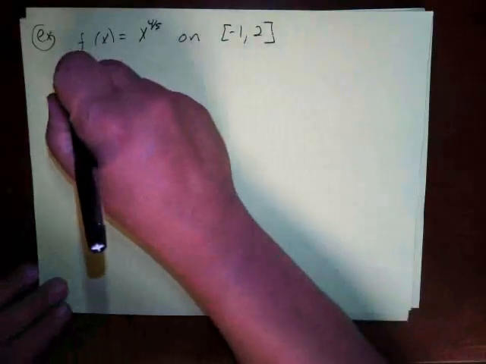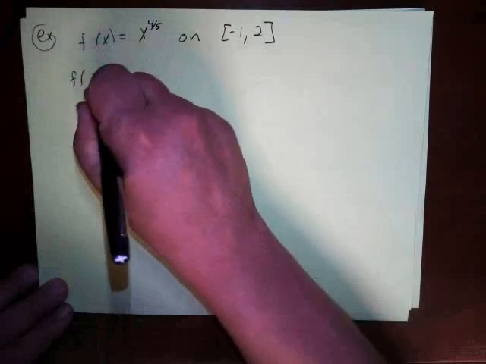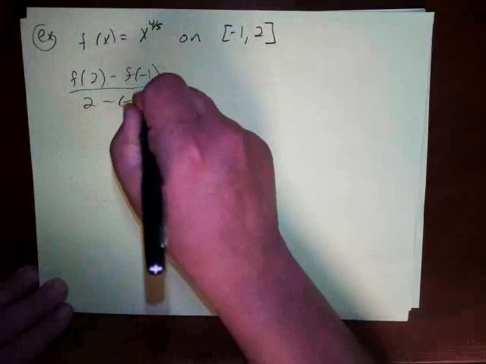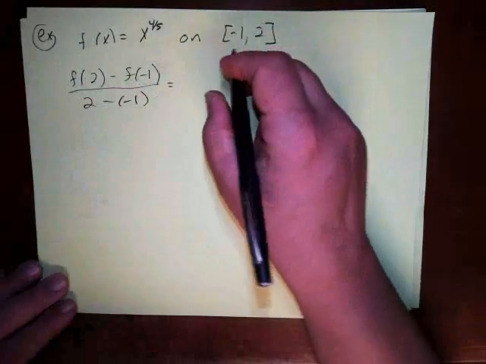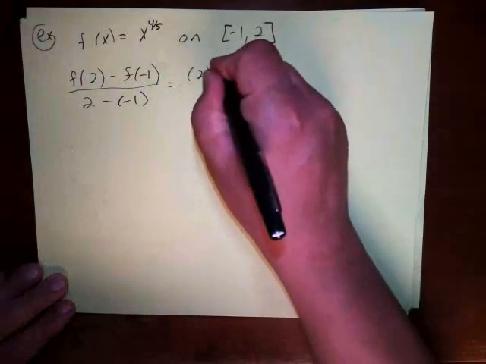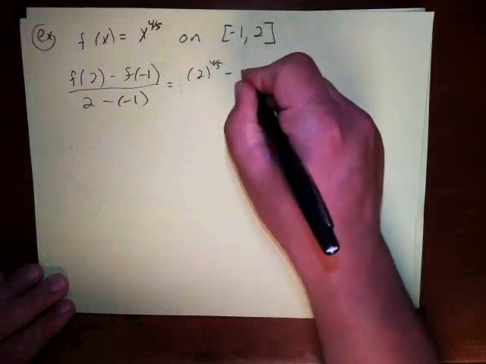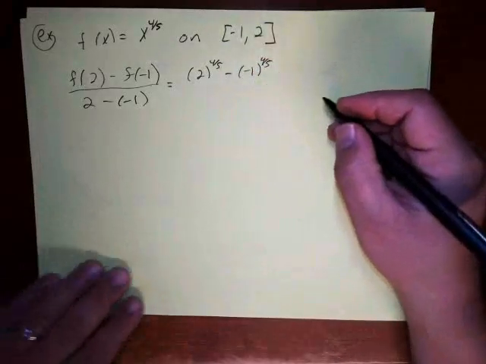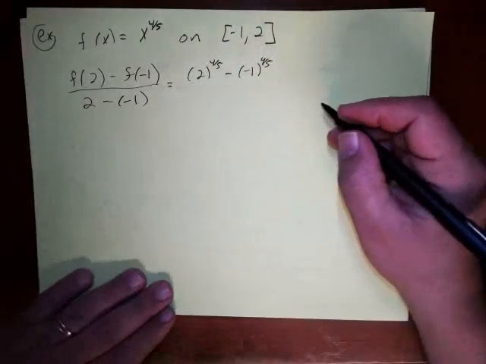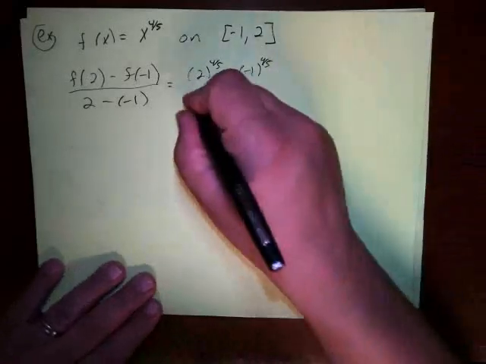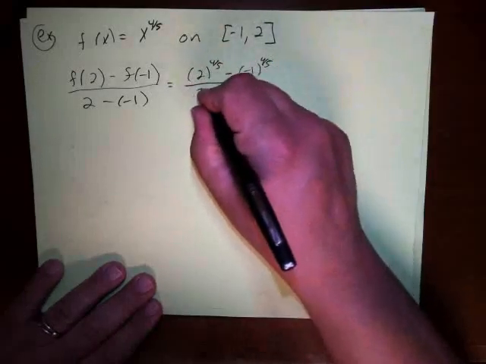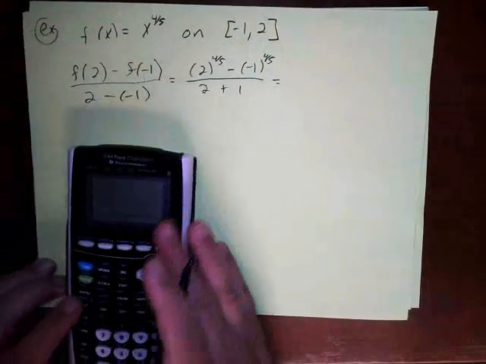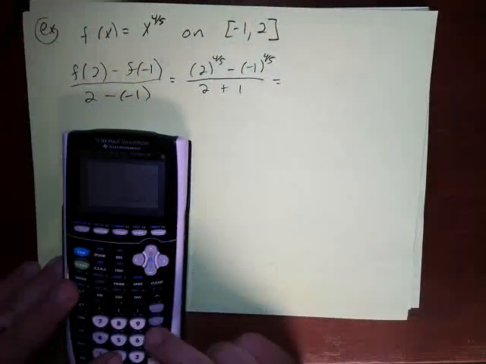So the average rate of change would be f of 2 minus f of -1, over 2 minus -1. So f of 2 would be 2 to the 4/5 minus -1 to the 4/5, all over 2 plus 1, right?